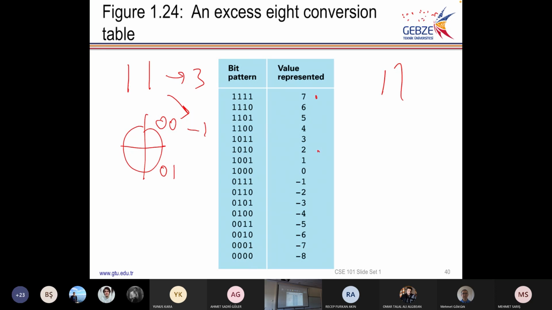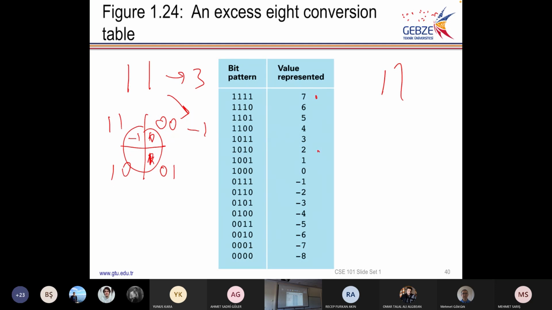So 0, 0, 0, 1, 1, 0, 1, 1. So it is either... this is minus 1, right? In terms of regular numbers that we know. This is positive 1, this is 2. No, this is 0, this is 1.